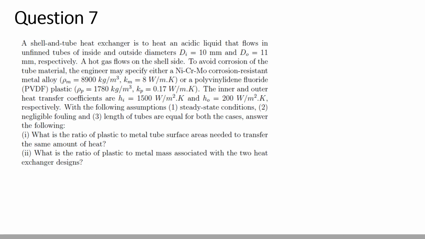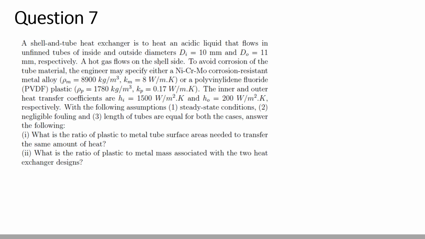So let's see the solution of this question. In this question, we have been given that a shell and tube heat exchanger is to heat an acidic liquid that flows in unfinned tubes of inside and outside diameter D_i equal to 10 mm and D_o equal to 11 mm respectively.